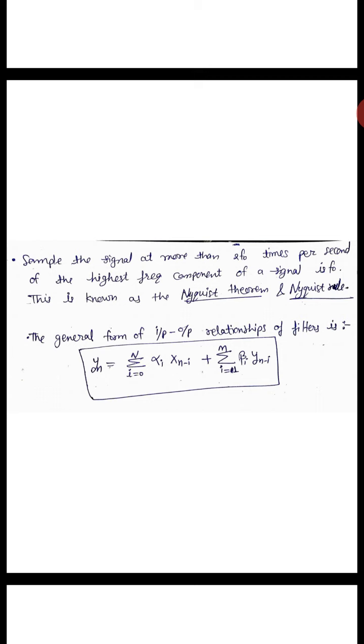If the values of beta are all 0, then the impulse response will die out after n samples. These filters are called FIR, meaning finite impulse response filters. If the values of beta i are not 0, then the impulse response is continuous. These filters are called infinite impulse response filters, that is IIR filters.